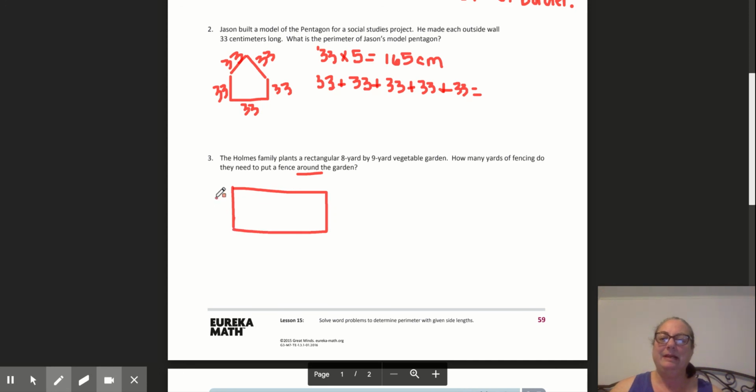And it's 8 yards by 9 yards. So across at the top will be 9 and the sides will be 8.